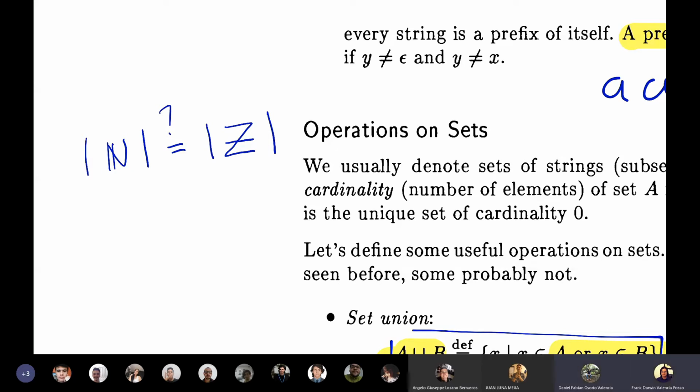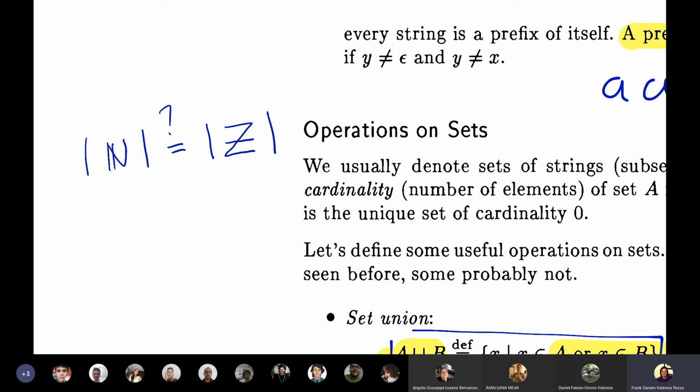You know well this set, right? Yeah. So I think that they are the same, yes, because you can make an injective function between the natural numbers and the integers. Exactly. So this is very important, what you said, and I'm going to try to explain.